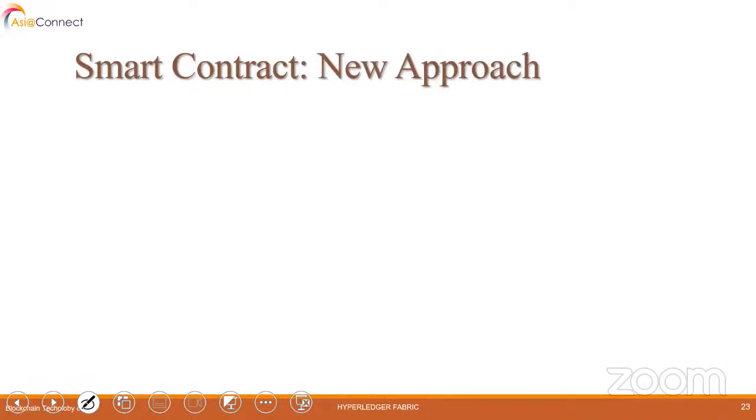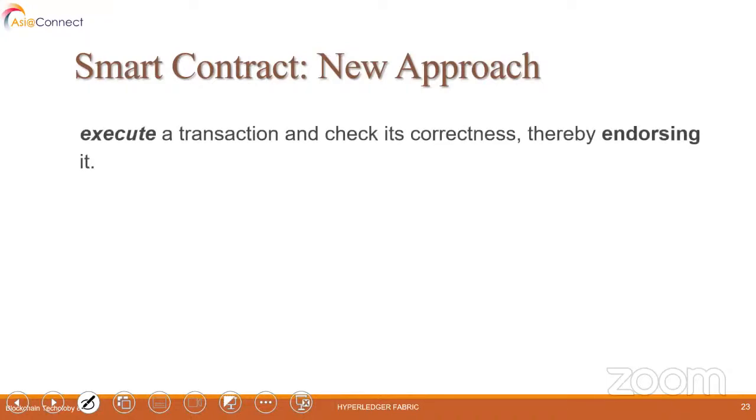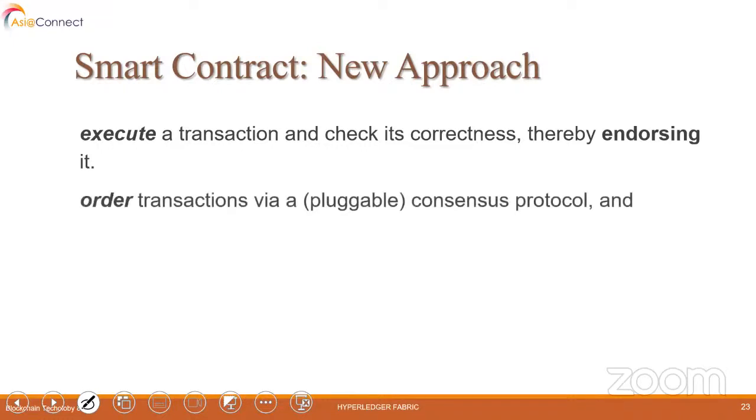What is new in this smart contract is that we first execute a transaction, check its correctness, thereby endorsing it. All smart contracts will be written to execute these policies, right? To implement all those policies which have been agreed upon by institutions or organizations.